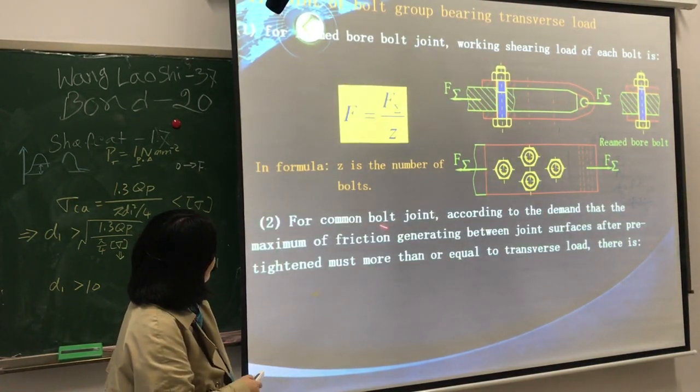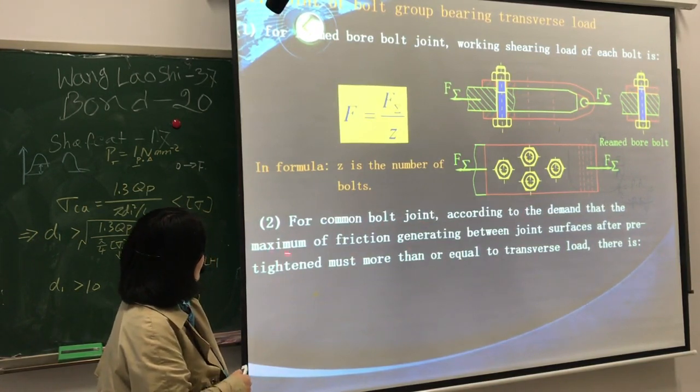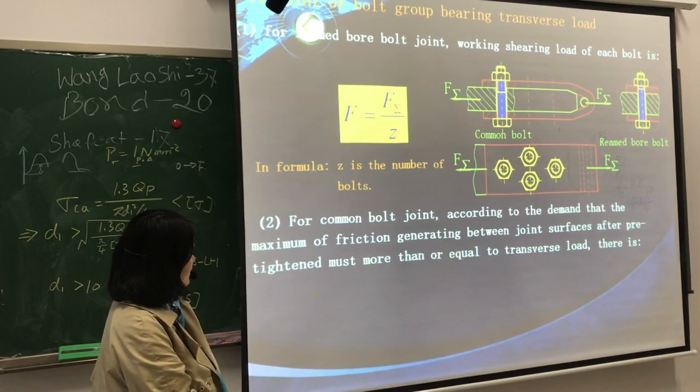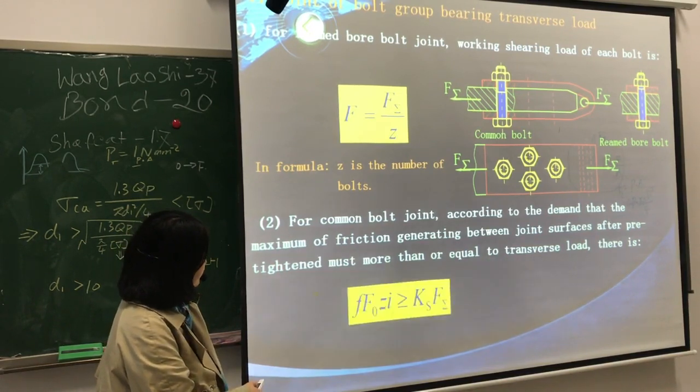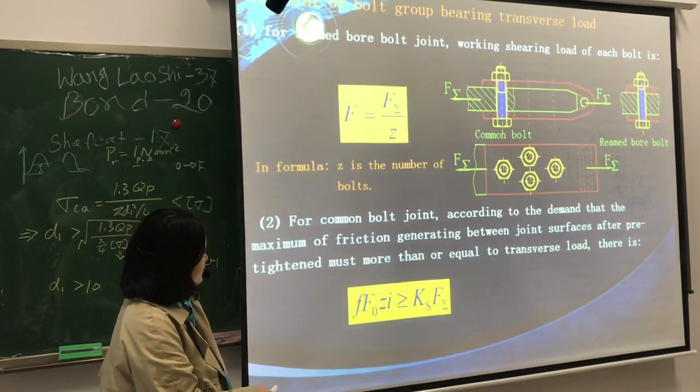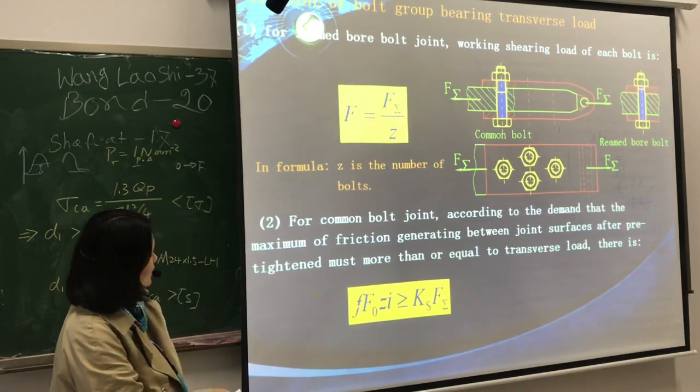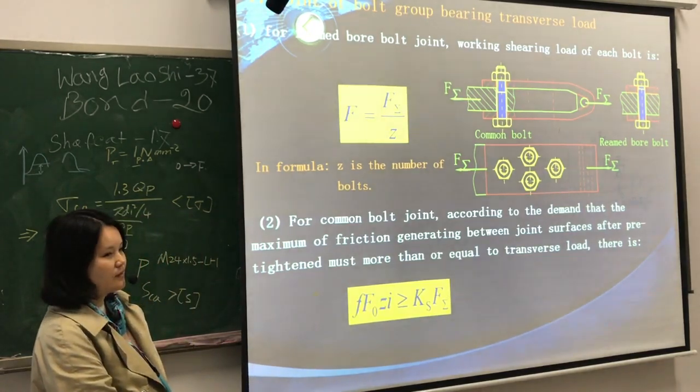And for the ordinary bolt joint, the maximum friction generated between the joint surfaces after preload must be more than or equal to the transverse load. So there is this, and this is the friction.